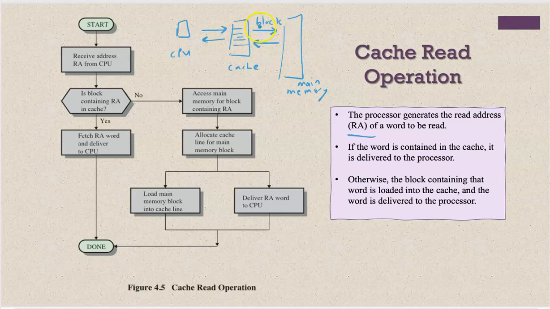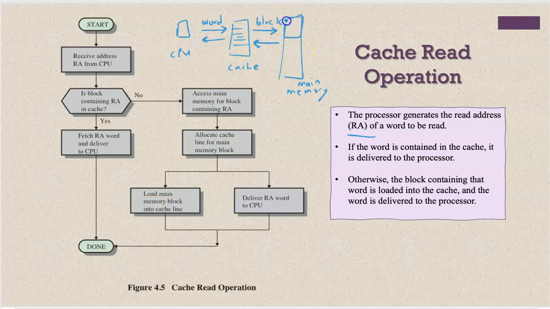And the cache says, okay, now I have it. The RA is now inside my cache, so I can transfer the word that the CPU wants. Here we can see that two operations happen simultaneously: loading the main memory block into a cache line, and delivering the word to the CPU.